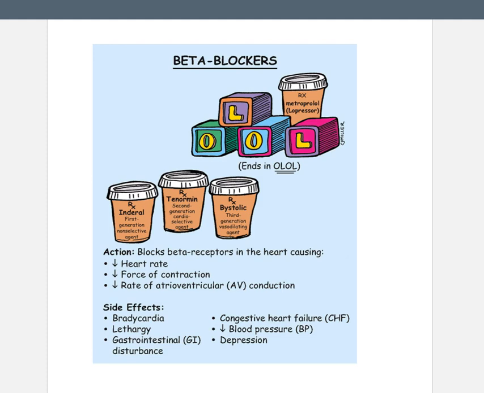Maybe look at when their last DIG level was. The antidote for a patient who may have DIG toxicity is Digibind. So just remember that. Again, it really affects more of heart rate than actual blood pressure. Some of the big side effects are obviously bradycardia, and your patients can experience hypotension, but it's really more for bradycardia.